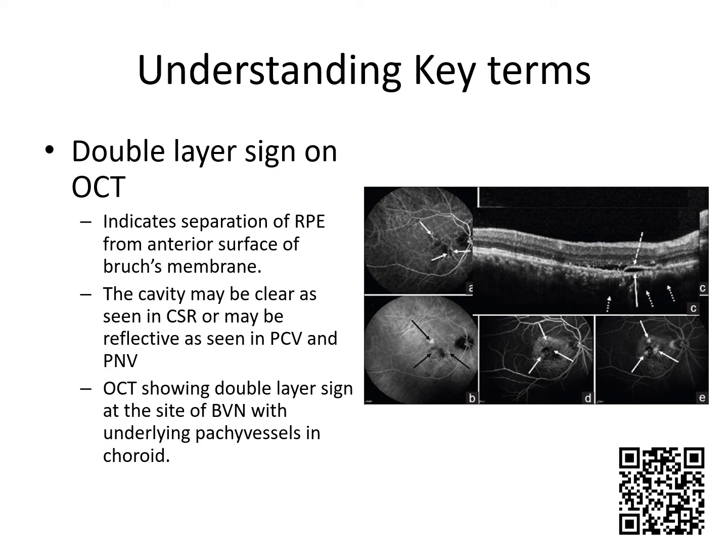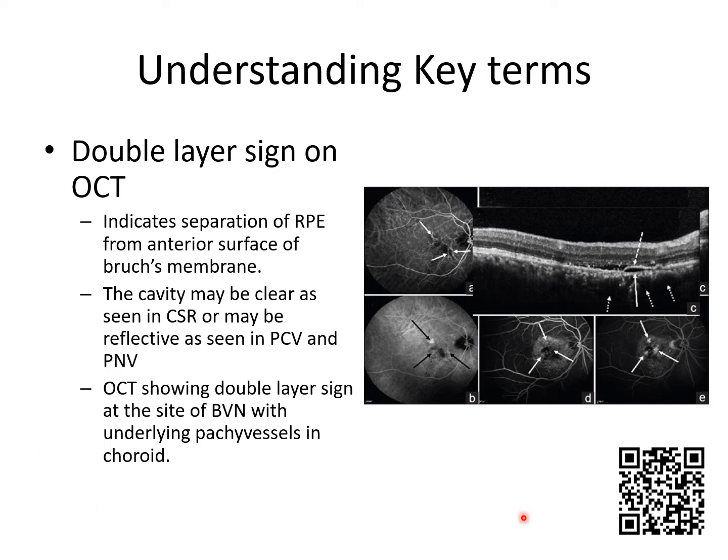Now, there's one keyword which is double layer sign on OCT. Optical coherence tomography, as we know, has provided us with new insight in the disease process involving the retina and deeper layers of the retina.